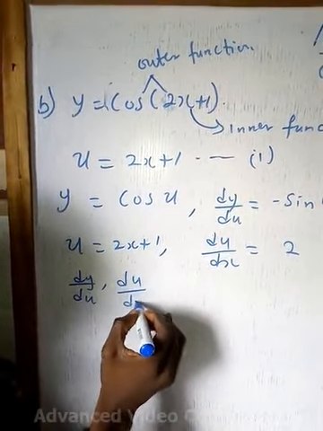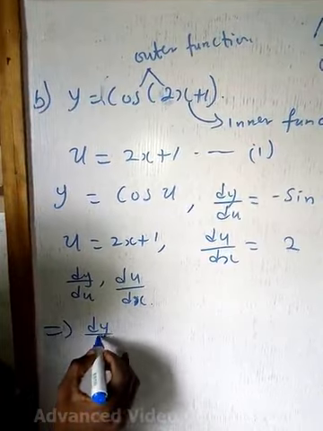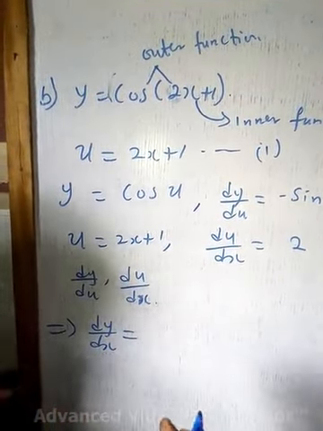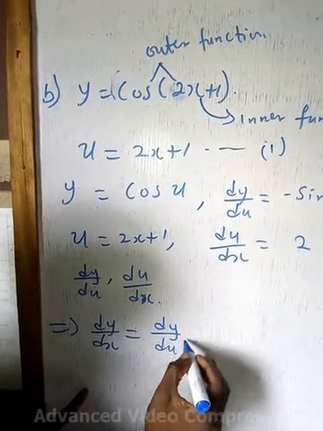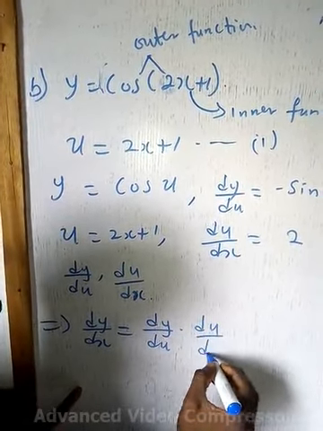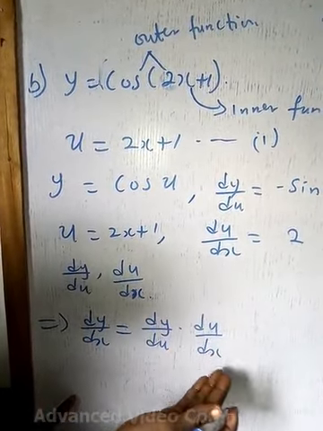Now, we are able to get dy/du and we are also able to get du/dx. Don't forget that we said that we are looking for dy/dx. The dy/dx is a combination of dy/du and du/dx. When you look at this, the du cancel themselves, and we are left with dy/dx here.